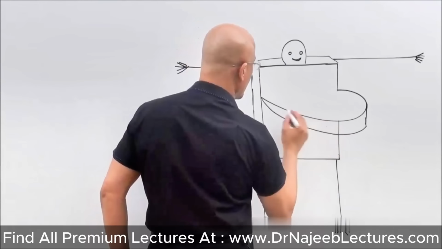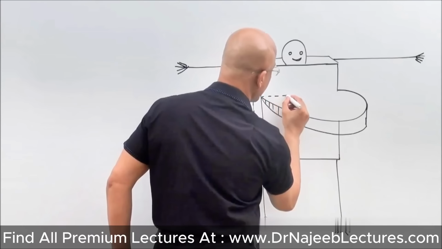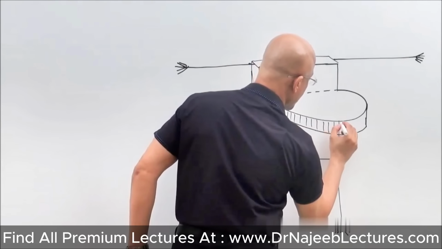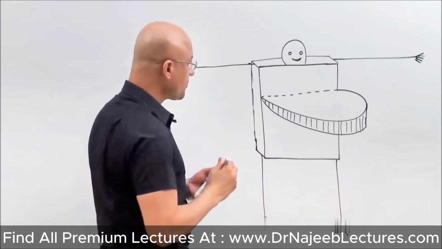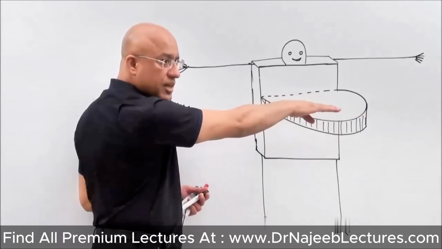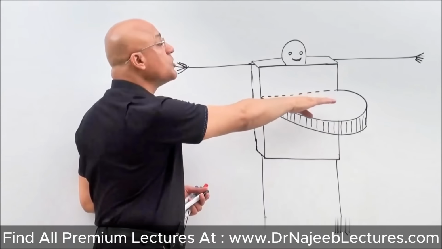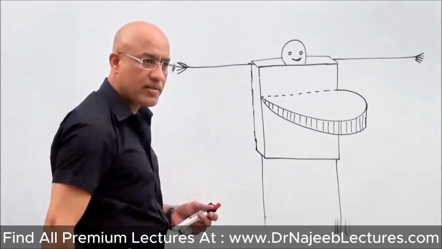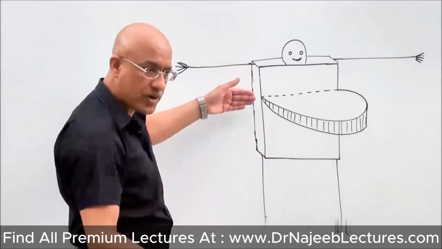Now this is the horizontal plane of the body, anteroposteriorly, the anteroposterior dimension. We also call it the transverse plane. This vertical plane is basically the frontal plane.